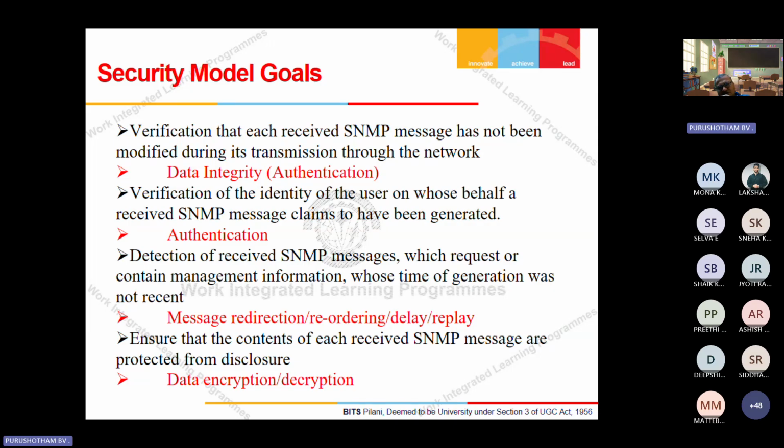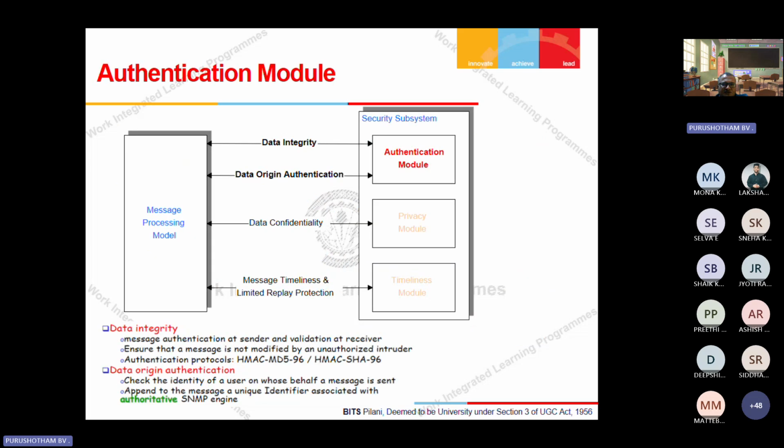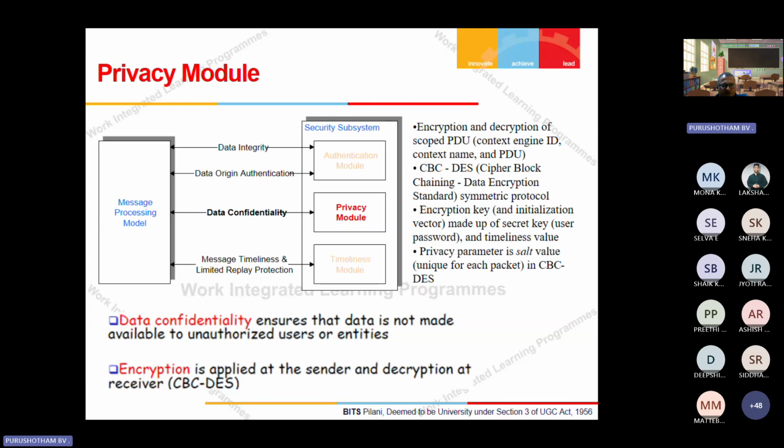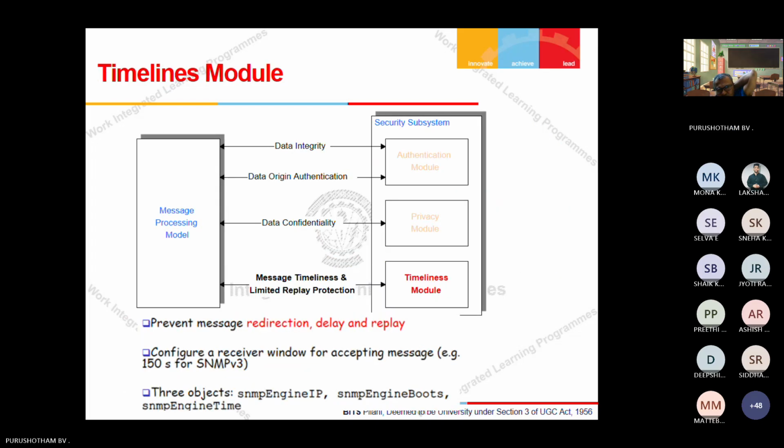The goals of the security model include data integrity, authentication, message redirection, and data encryption and decryption. The authentication module provides data integrity and data origin authentication. The privacy module helps you encrypt or decrypt the PDU.